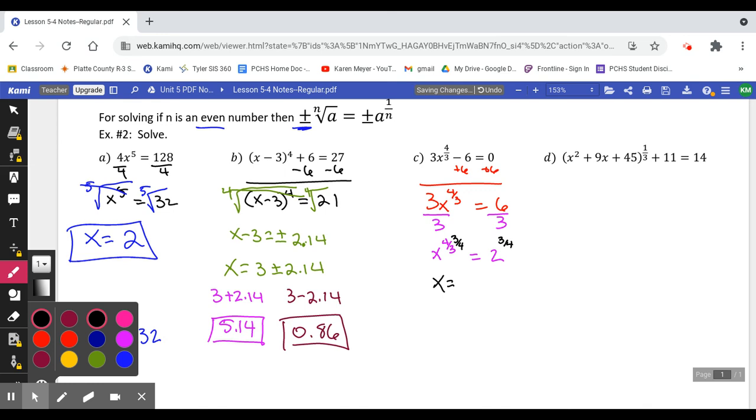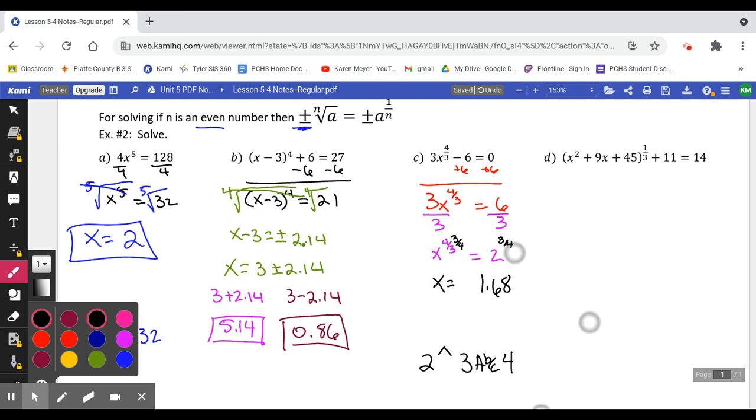On the other side, please type in 2, hit your exponent key, and then do 3 ABC for fraction 4. And you should get 1.68.